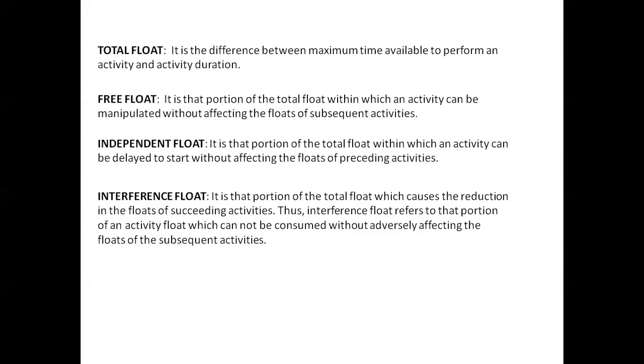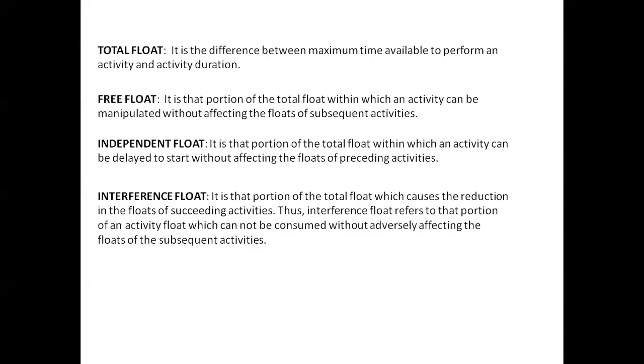Friends, please see the difference between the previous three floats and this interference float. These three floats, total, free and independent floats, are the time available with them. But the interference float is the time which should not be consumed by the activity. Suppose it consumes that portion of the total float, it will adversely affect the floats of the subsequent activities.